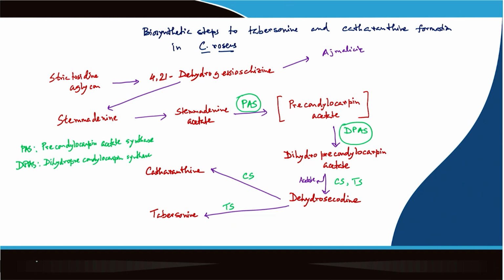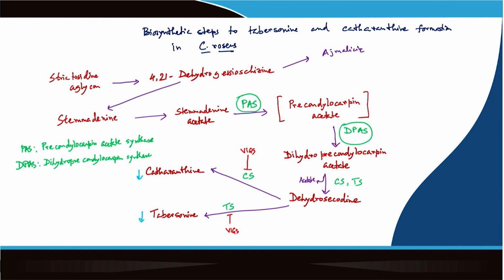So, when they did virus induced gene silencing, this resulted in marked reduction of tabersonine as well as catharanthine level goes down, that is one thing.